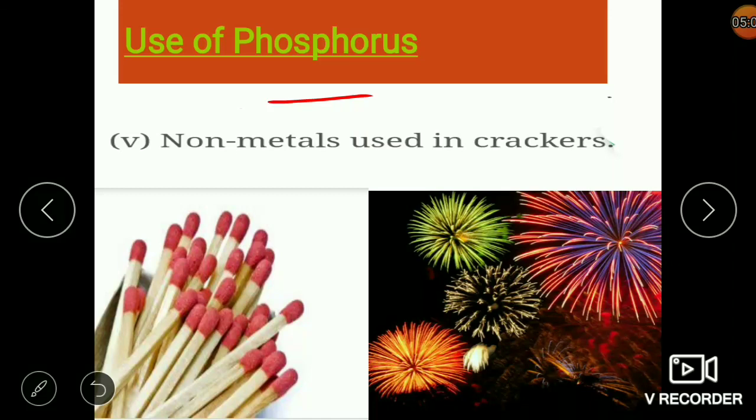Phosphorus is used in crackers, and also in the tip of the matchstick. That's why when you strike the matchstick along the side of the box, the red phosphorus is converted into white phosphorus, which is very reactive and hence catches fire. So you get the fire by converting the red phosphorus to white, and the white phosphorus burns in air.